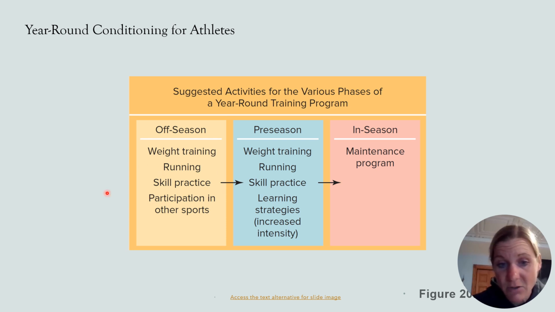So we want to start with those baseline activities, or our easiest fundamental elements of sport, and build into some of those harder elements in sport. Also in our off season, it's not uncommon for us to have our athletes participating in other sports or other activities, other recreation, to just gain general fitness. Okay. As we move into the preseason, again, we want to maintain weight training.